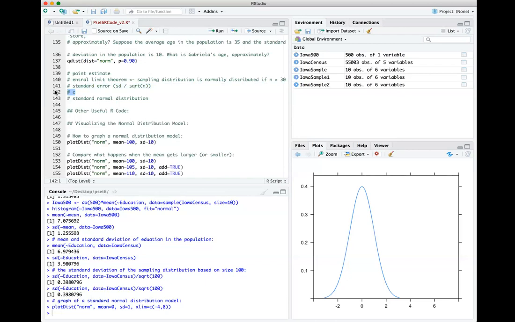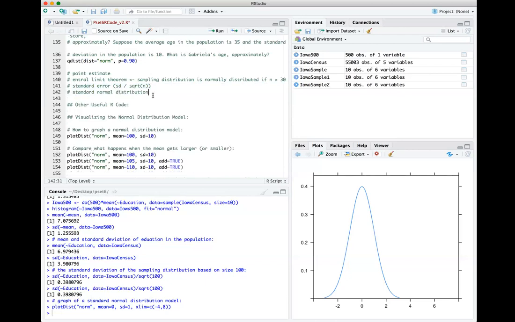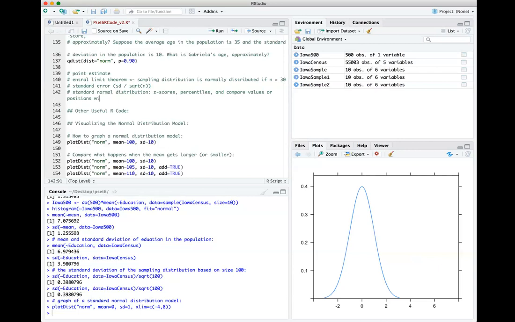And the standard normal distribution is simply the normal distribution, or bell curve, with mean 0 and standard deviation of 1. And then we can characterize values as z-scores, percentiles, and compare values or positions with different metrics.